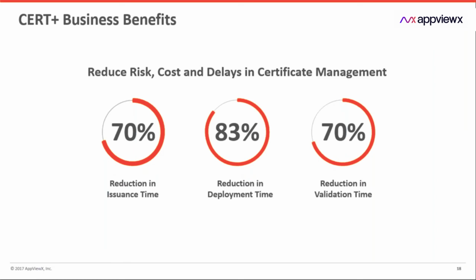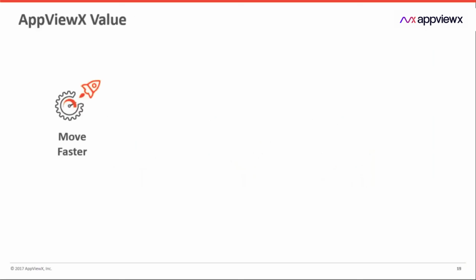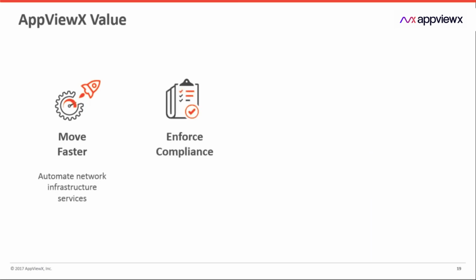So how does AppViewX as a whole create value for your enterprise? By enabling you to move faster. How? By automating manual network infrastructure services such as protecting your private keys, enforcing compliance by helping you deliver and protect applications as intended.